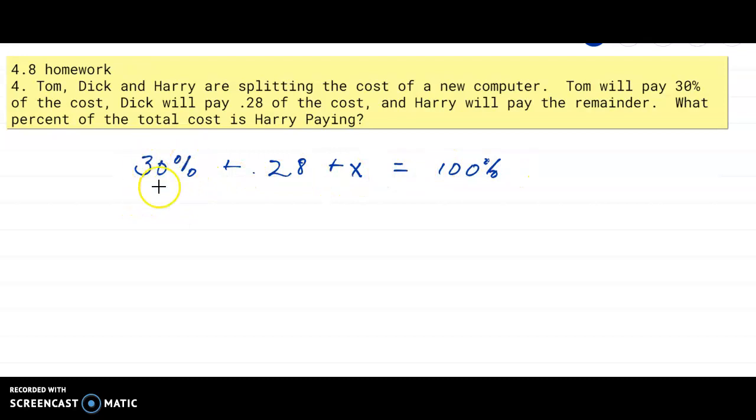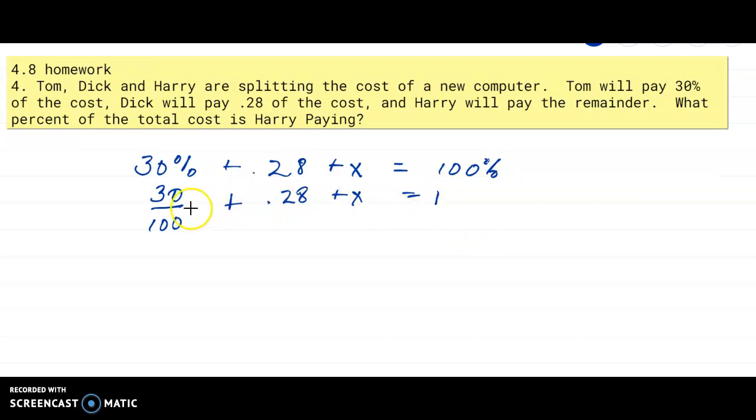So I'm going to turn 30%. Remember that percent means per 100. So percent means how much out of 100. Okay, and then 0.28 plus x equals 100% is one whole amount of something. So we make it 1.